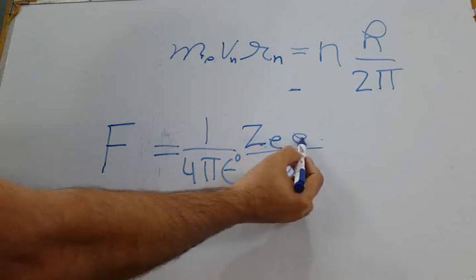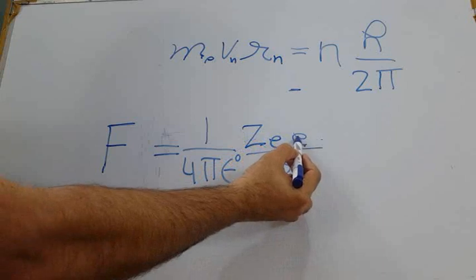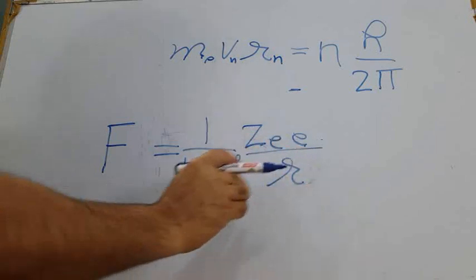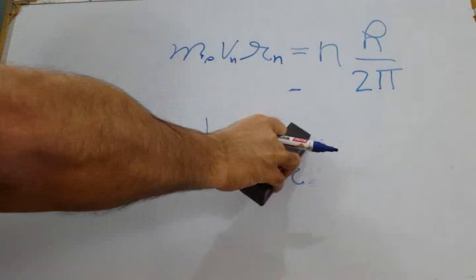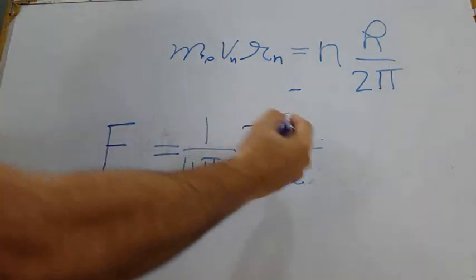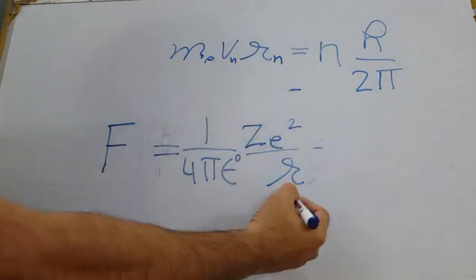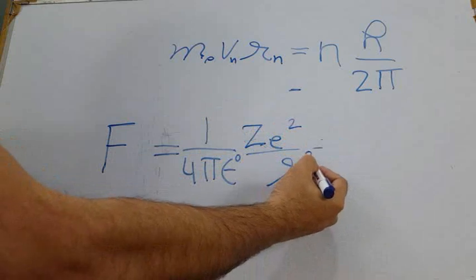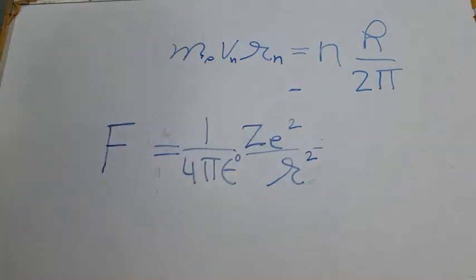And here, because a single electron revolves around, that's why the charge would be this much. Or we can see that e square, and this r should also be square. That's the Coulomb's law.